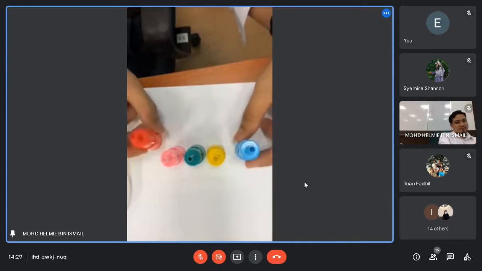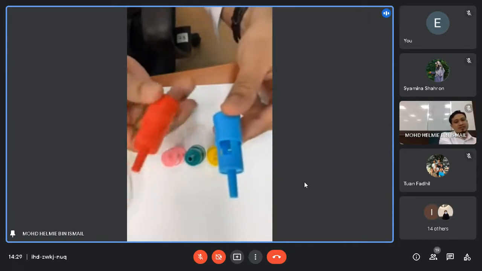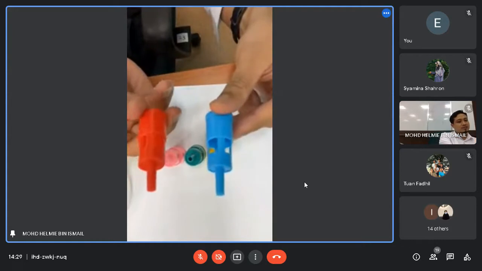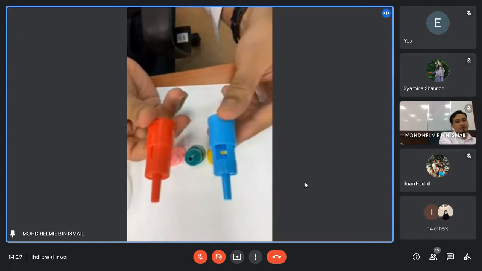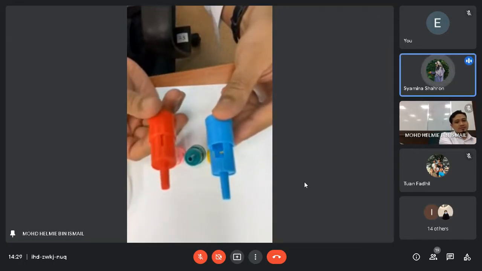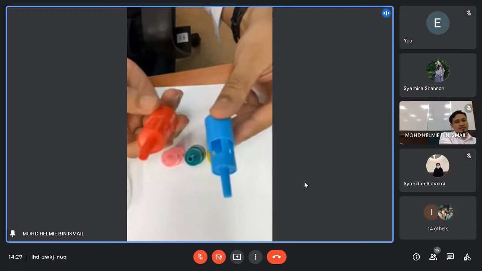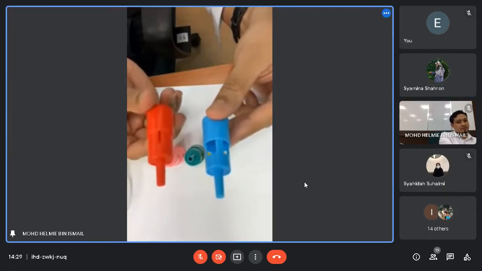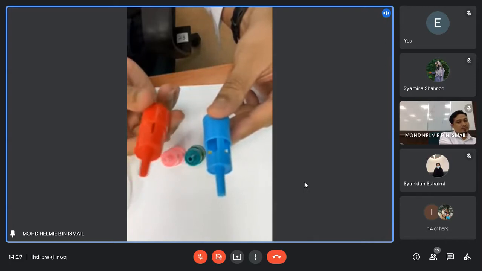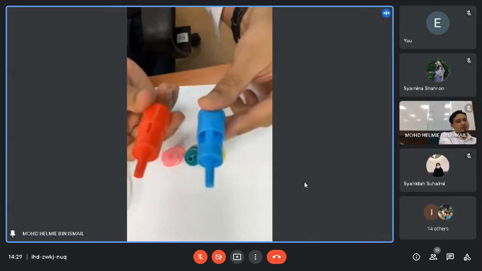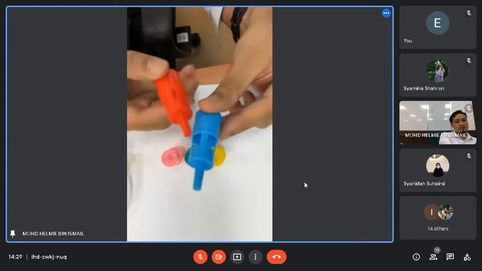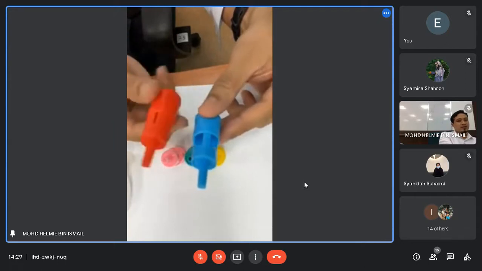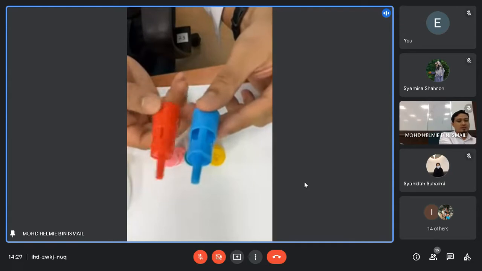You notice what differentiates the highest and the lowest? What do you notice? The size of the valve. Yes, the size of the valve. For the highest concentration, the size of the valve is small, but for the lowest, the valve is bigger.